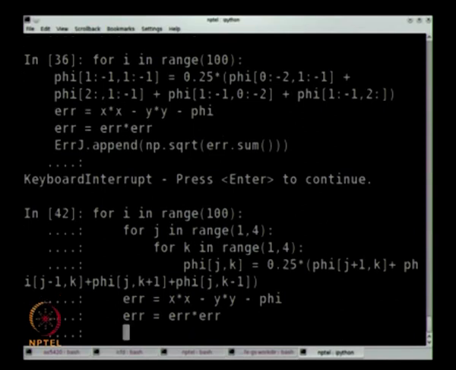I am just copying from above. As I said, just bear with me. I do not want to make a mistake here. NP dot square root of what? Is that fine?